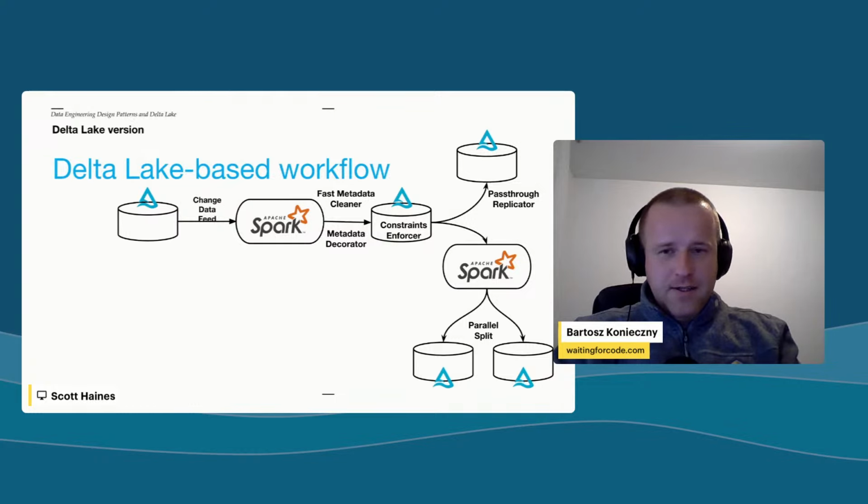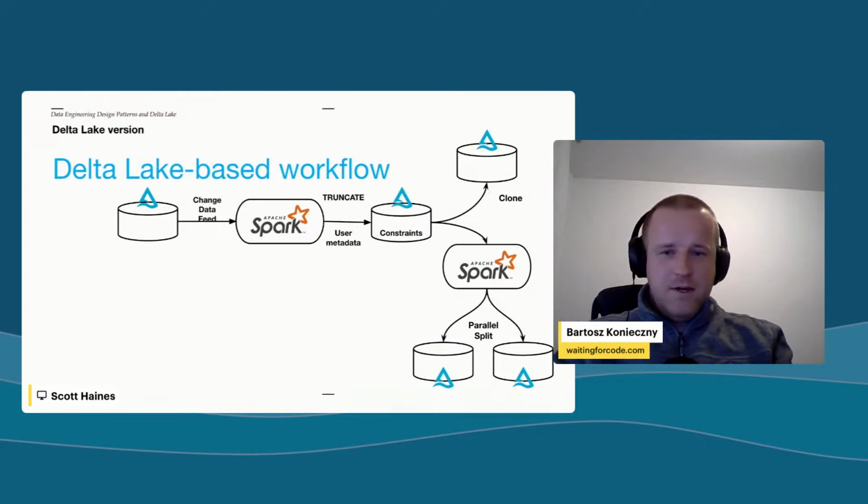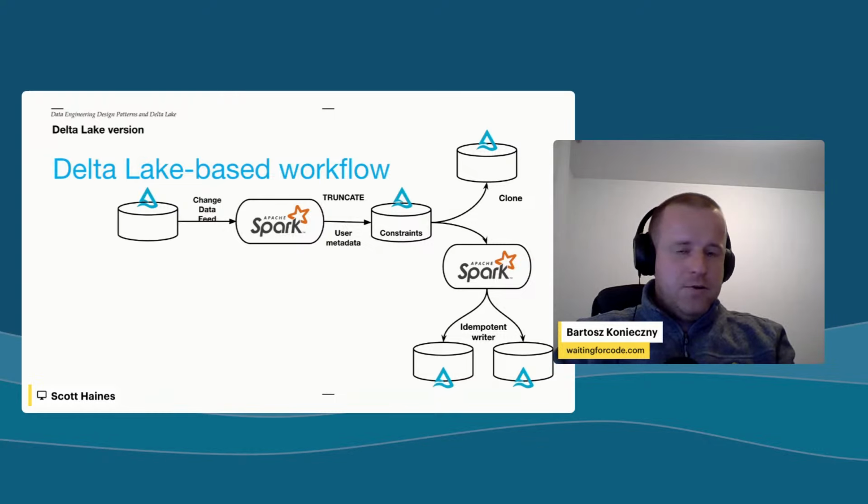Yeah, you can click now, Scott. Those are the features we are going to discover today on my end. The change data feed for the change data capture, and truncate table for the fast metadata cleaner. We could also use drop table here, but truncate table is more handy, I think, especially when you want to manage schemas in a different place, like for example your Terraform provider or Liquibase-like tools, where you can version the schemas as well.